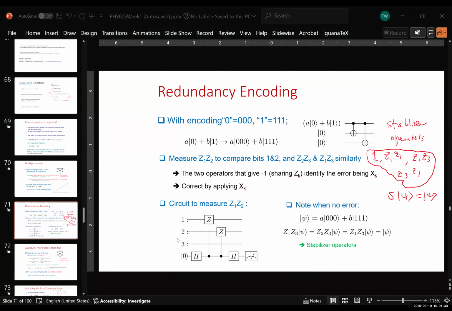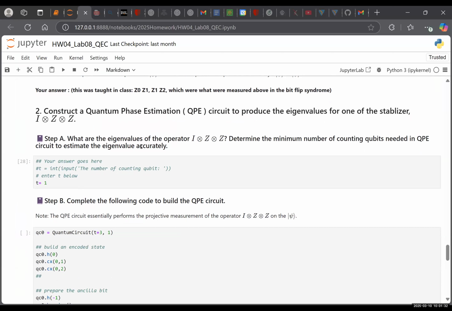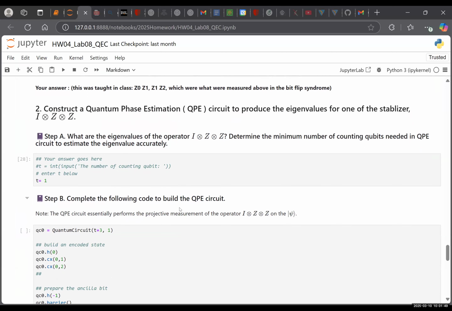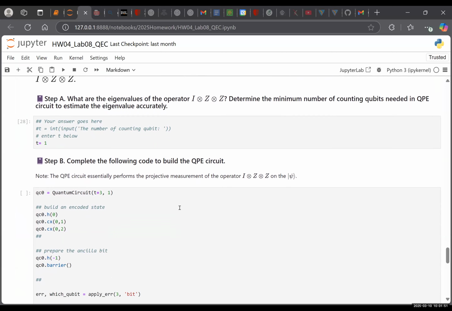Yeah. Now you have worked through this stabilizer construct. Here is a phase estimation circuit. We talked about phase estimation last semester. We may come back with coding later, but this is the simplest coding here.